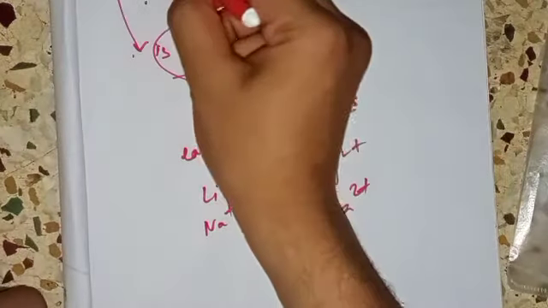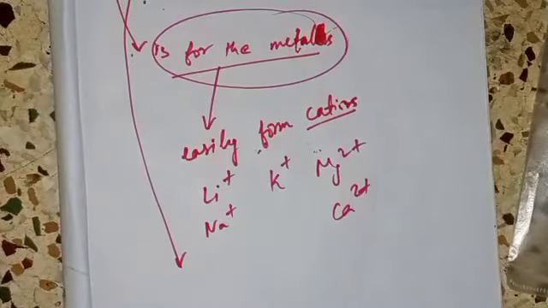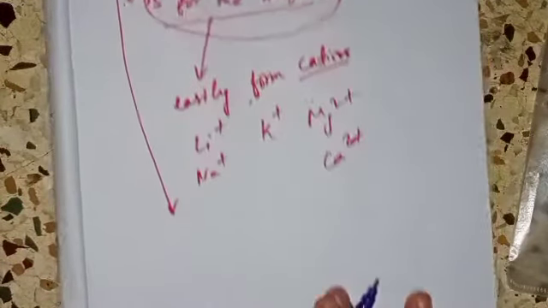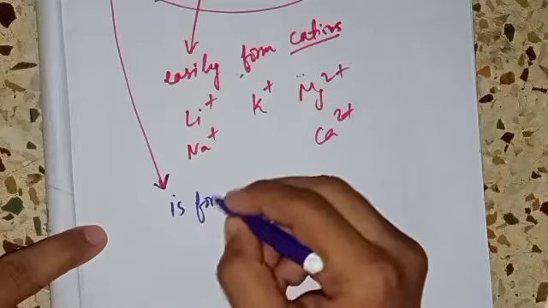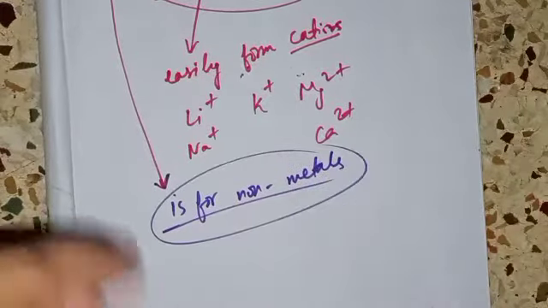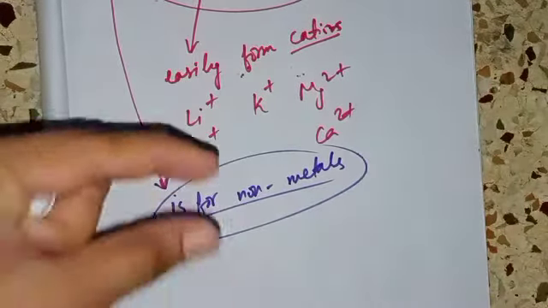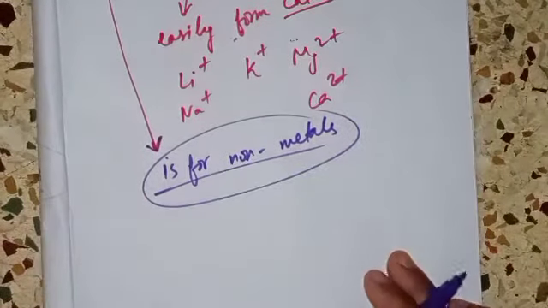Now, high electron affinity. Electron affinity is the amount of energy released by atoms when they gain an electron. So it is definitely for non-metals. The higher the amount of energy released, the easier it is to gain electrons.